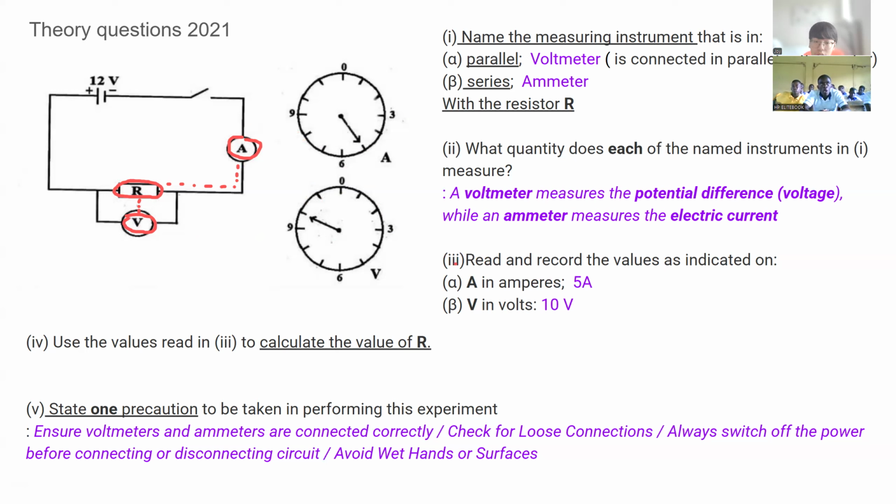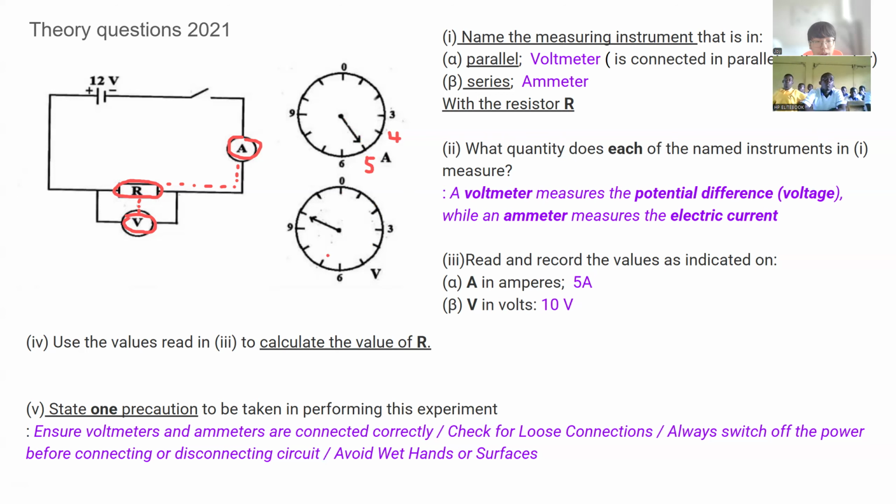And three, read the recorded values as indicated on A in ampere and V in volts. You can tell from this picture, it's like a clock. Three, four, five. So A equals 5 ampere.